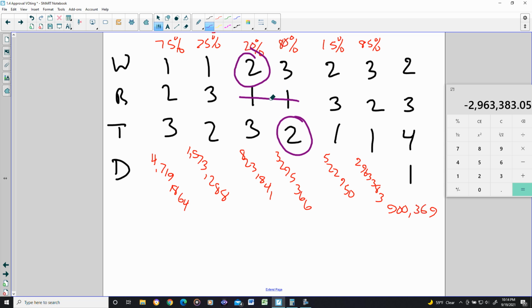And this group of people, these people are going to vote for their second choice. These are going to vote for Wilson. These are going to vote for Taft. Okay, and that's not going to change.